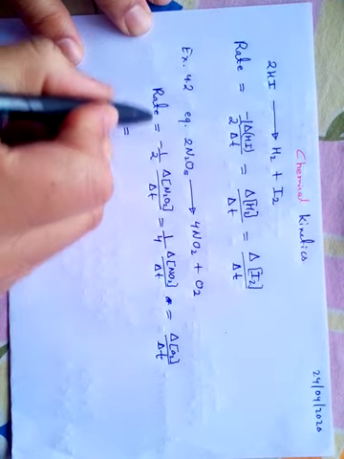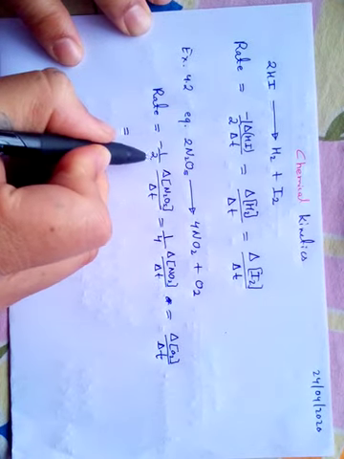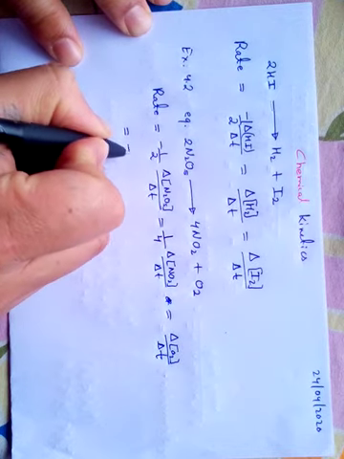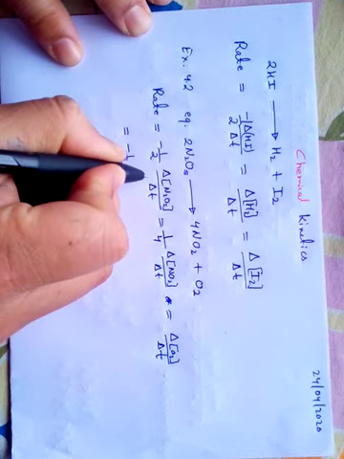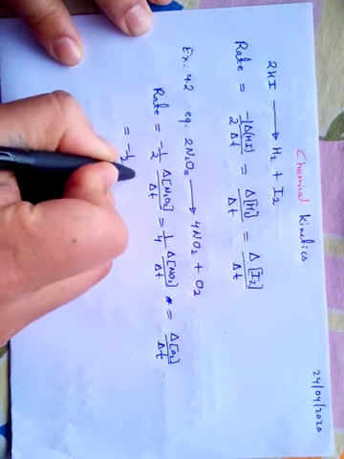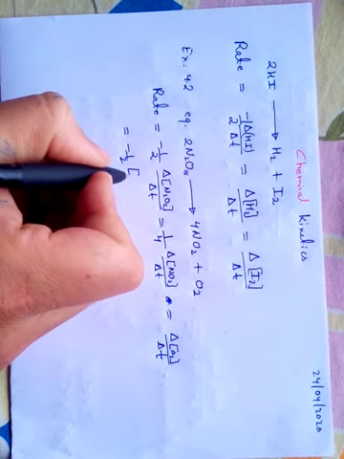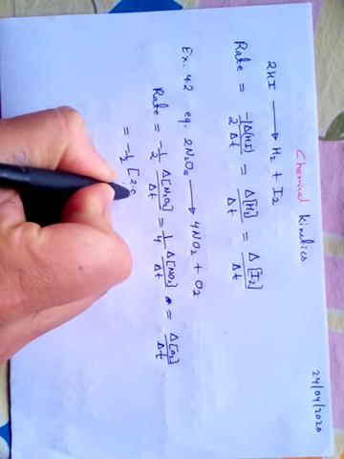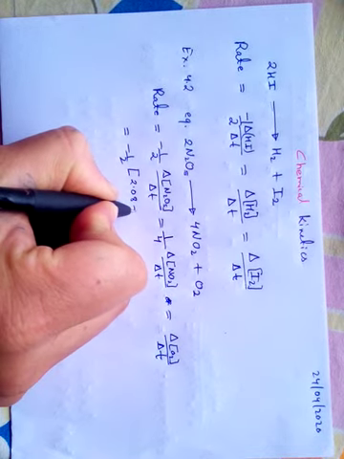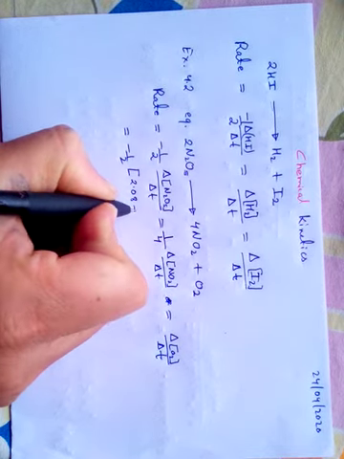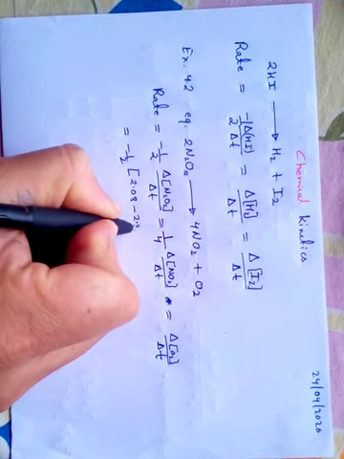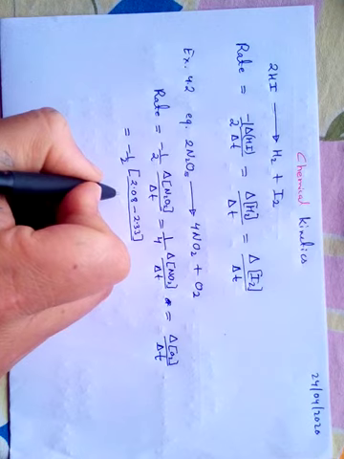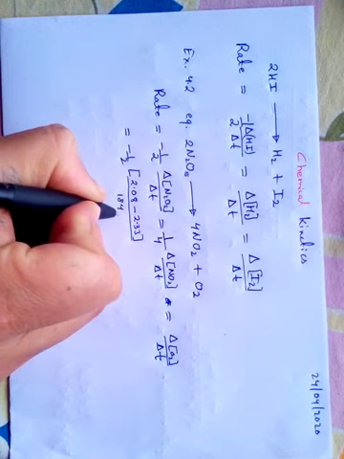Now we'll use this portion only. Rate equals minus 1 by 2 delta N2O5 by delta T. So equals 1 by 2, and this is the final minus initial, we have already told. So the final concentration as per the book is 2.08 minus the initial concentration 2.33, and the total time taken during this process is 184 minutes.